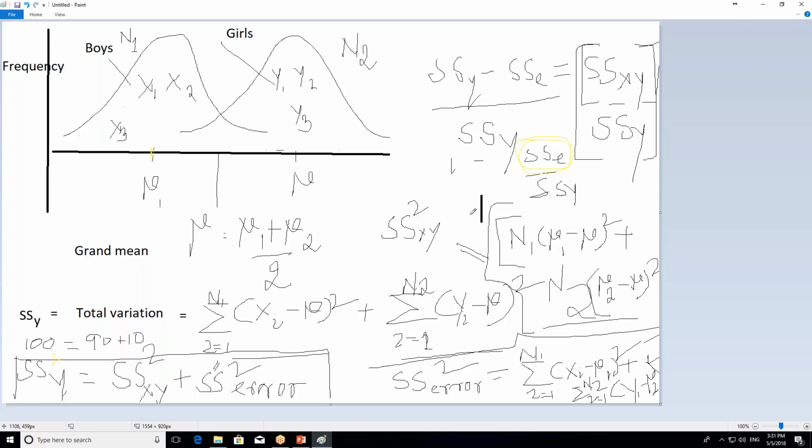Got it? When your sum square of error is very small, then you will be able to tell that these groups are significantly different. So this SSXY by SSY is what we call eta square, and based on the value of eta square, I can say whether these groups are different from each other or the same.